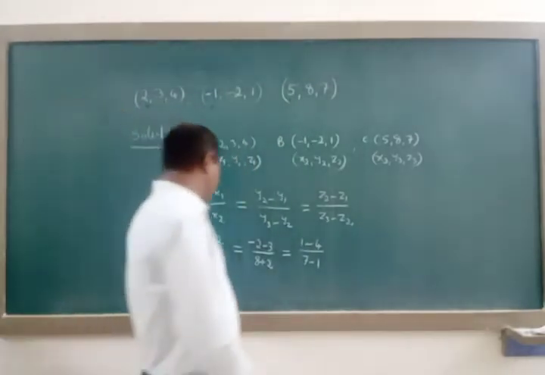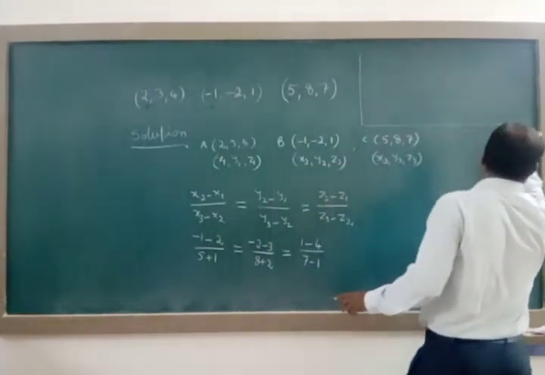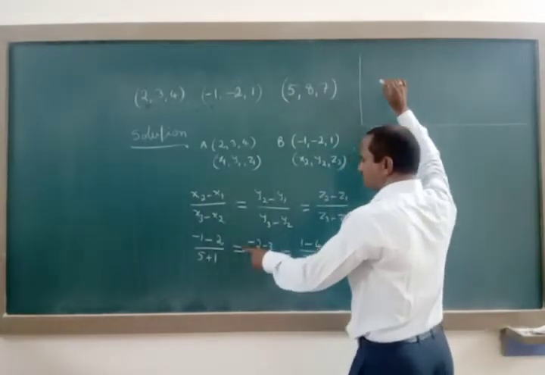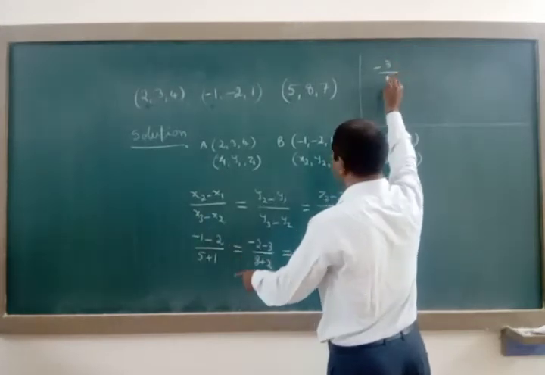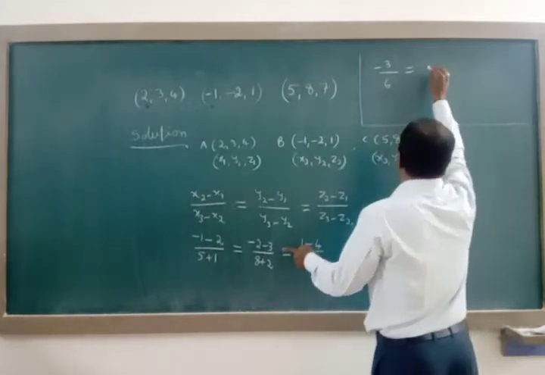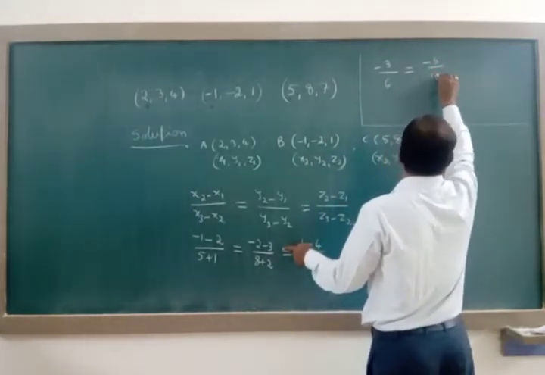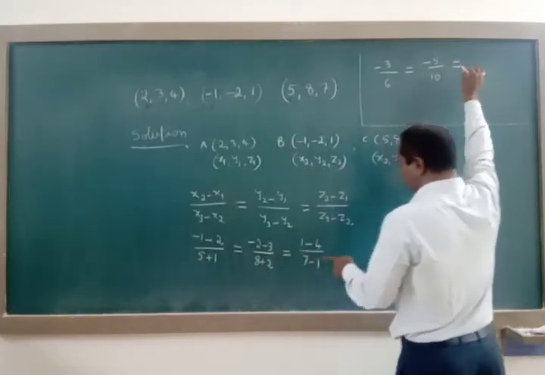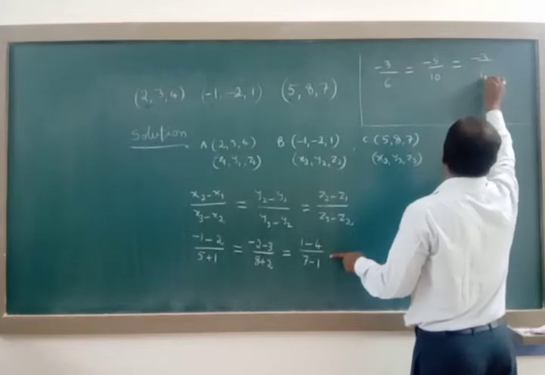Now the values will come here. See here, I'll write all the 3 values. Minus 1 minus 2 means minus 3 whole dividing by 6 is equal to minus 5 whole dividing by 10 is equal to minus 3 whole dividing by 6.